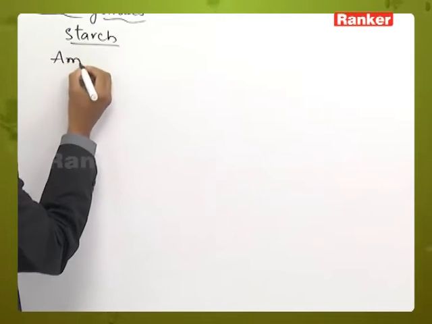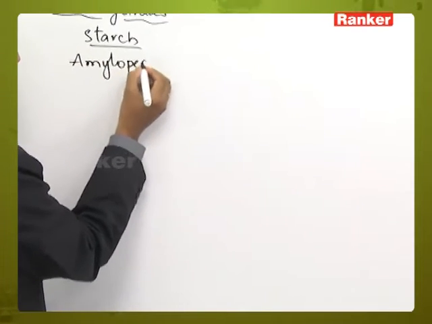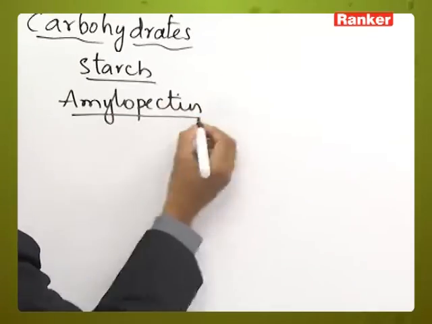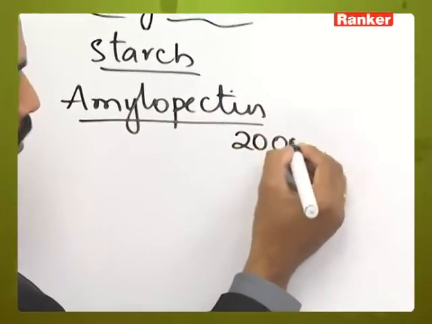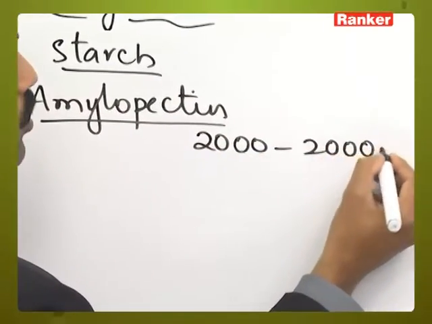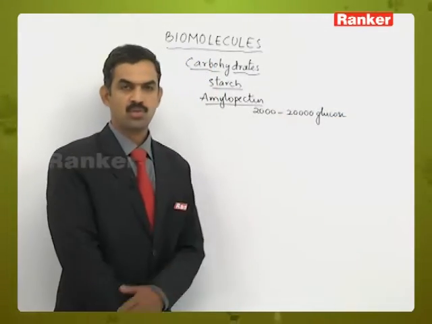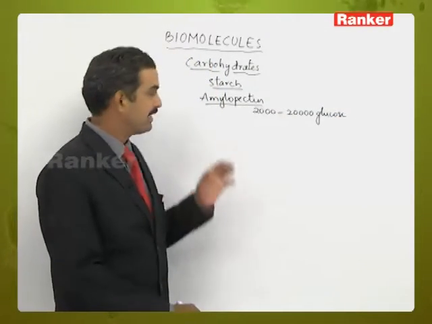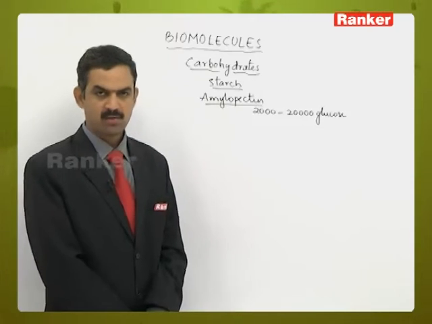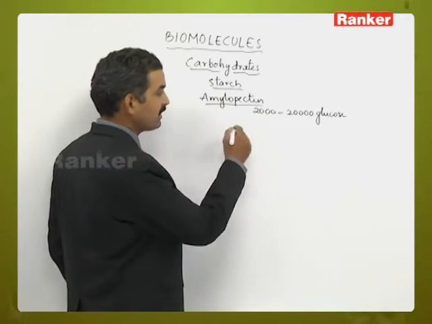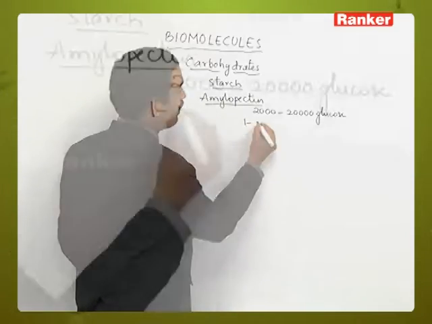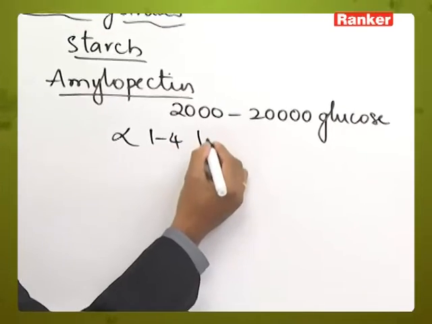Next one, amylopectin. Amylopectin is made up of nearly 2000 to 20,000 glucose molecules. Here it is also a straight molecule, where the glucose molecules show alpha 1,4 linkages.